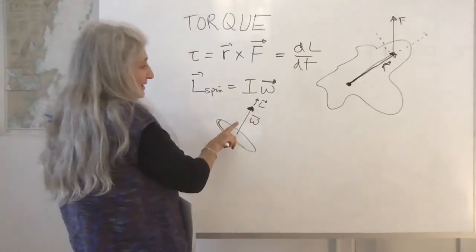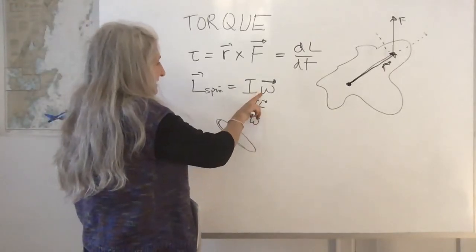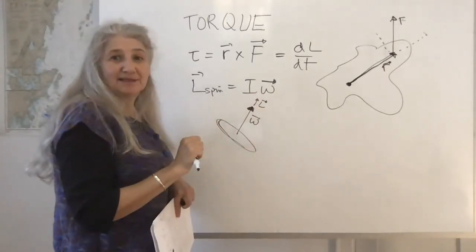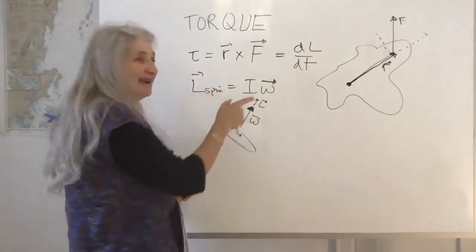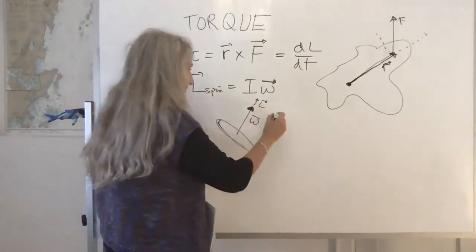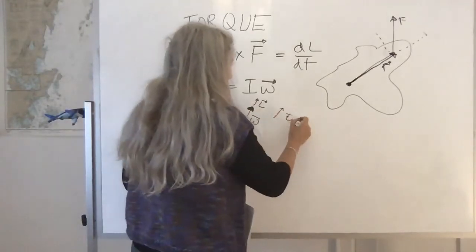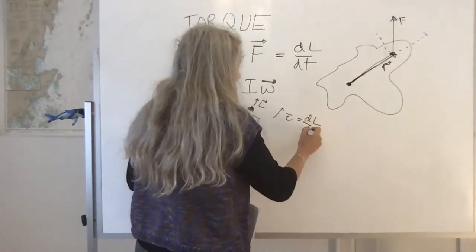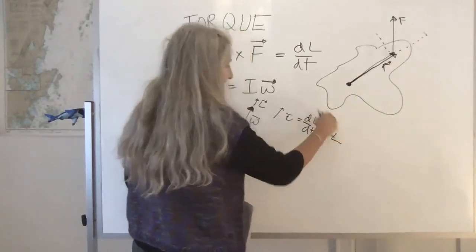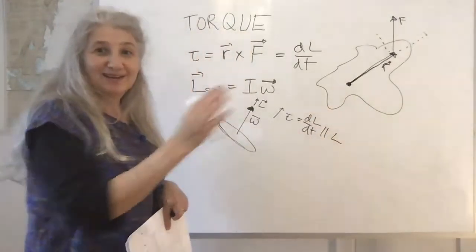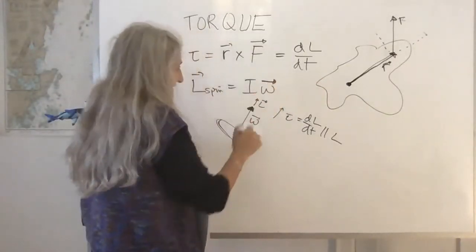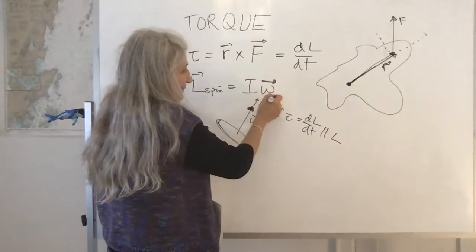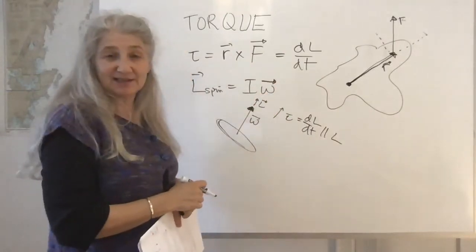Then if I exert a torque in the same direction, I'm just going to increase the angular momentum. So if torque, dL/dt, is parallel to L, in the same direction, then I'm only increasing L. So dL would be in the same direction as L, and if I is the same, that means omega doesn't change direction.